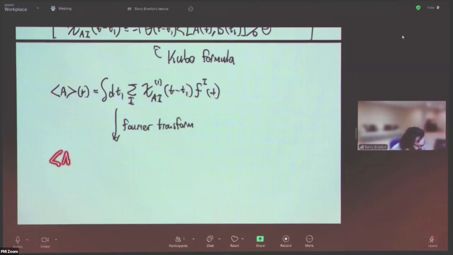So we can define average A of omega, integral over time, average A of t, e to the minus I omega t.